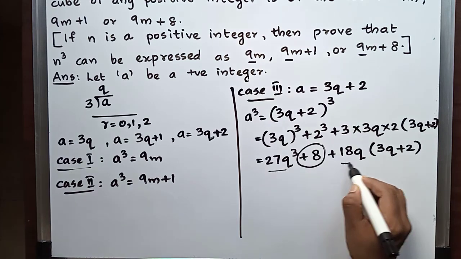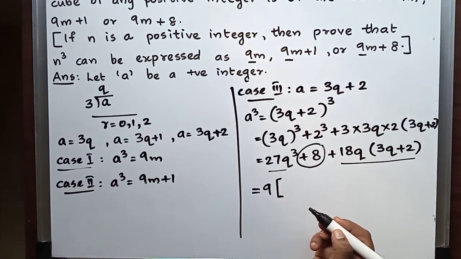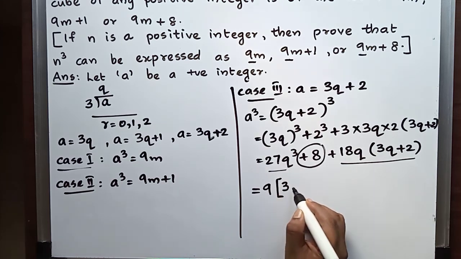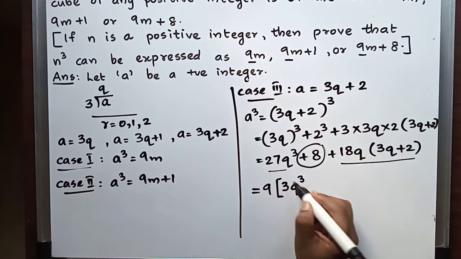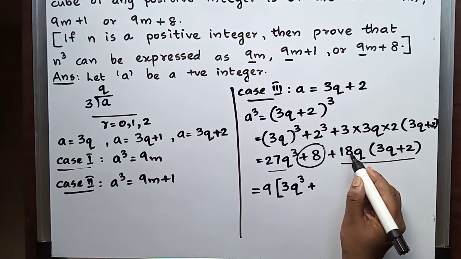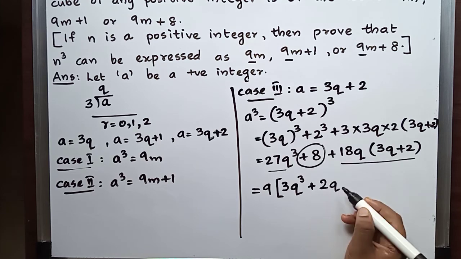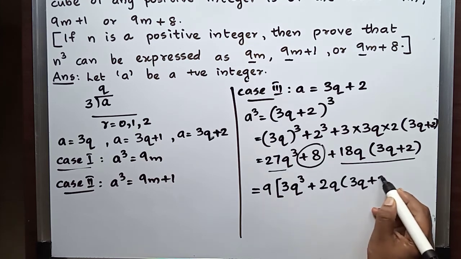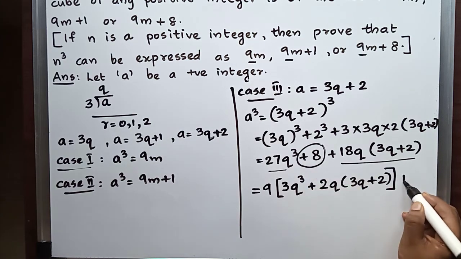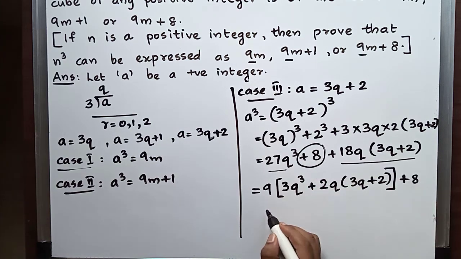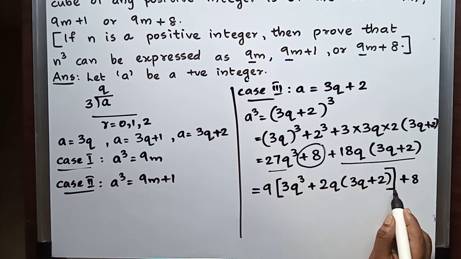And from this term and this term we can take a 9 outside. So what is left here? 9 into 3q cube. I have taken a 9 from here, plus next I am going to take this term: 9 taken out means 2 is left, 2q into 3q plus 2. I have used a square bracket. Then what is left is this plus 8. q is the quotient, which means this itself is an integer.